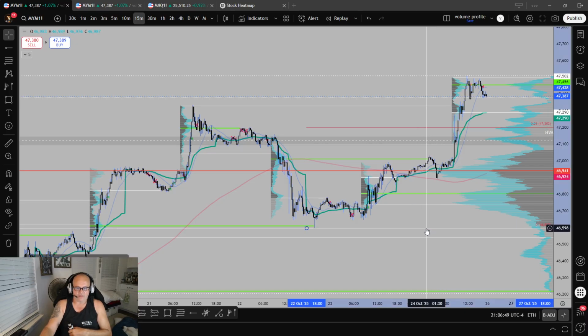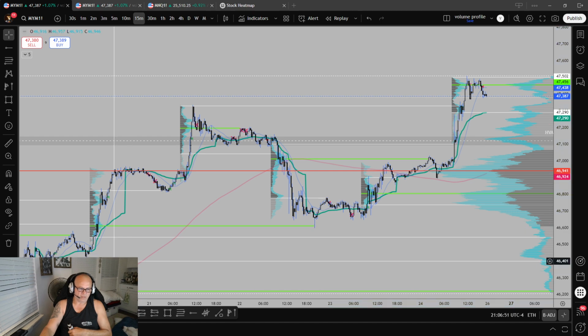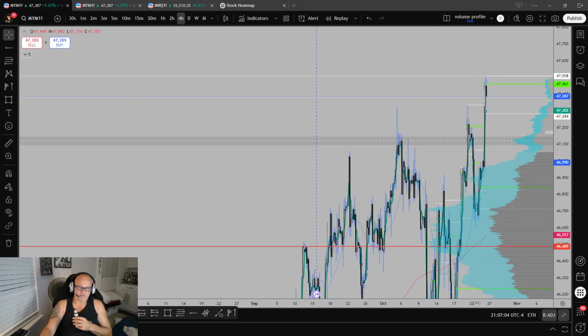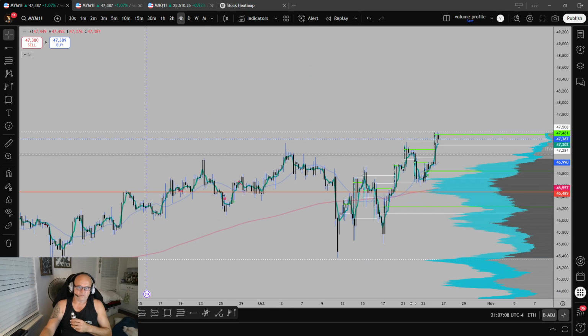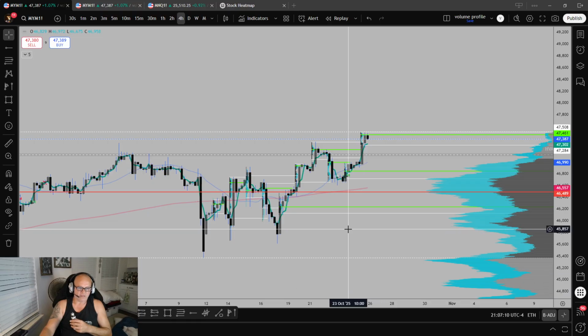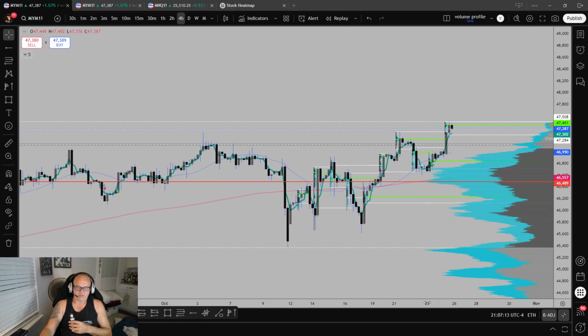So let me take this drawing off because I want to show you how we find that. That is the dealing range, and that is an important drawing that I put on my charts on the 4-hour chart. So let's go ahead and move to the 4 hours so we can look at the higher time frame here. And now we can just spread this out a little bit so we can see what's going on.